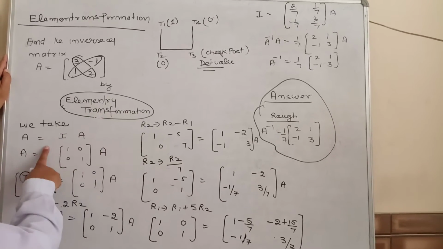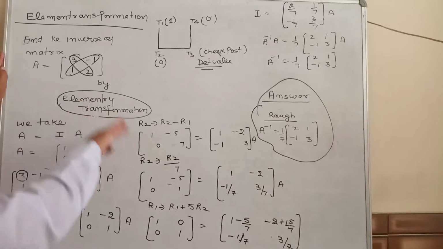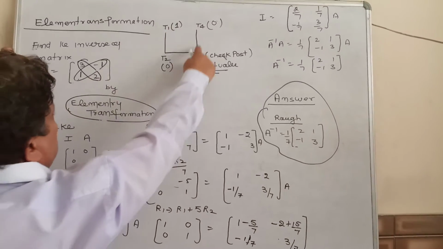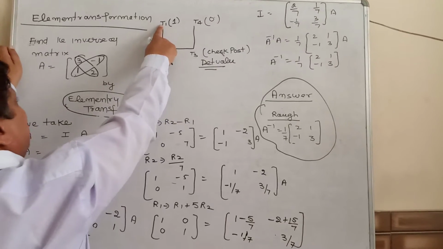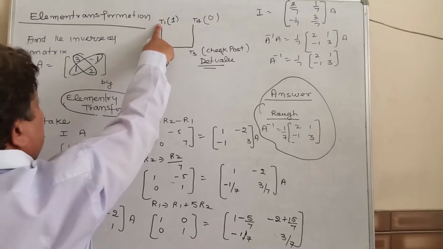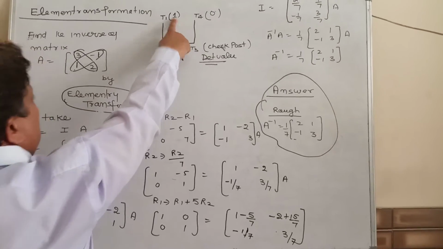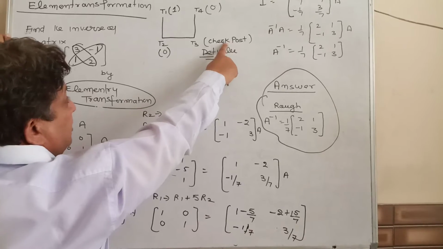But by row it is much easier, and by column it is not difficult, but we have to take another way. Now this is the chart, called the U method, or the target level. What is the target level? That is T1, target 1. In target 1 you have to obtain unity, and in target 2, 0. Target 3, here I have written down check post.